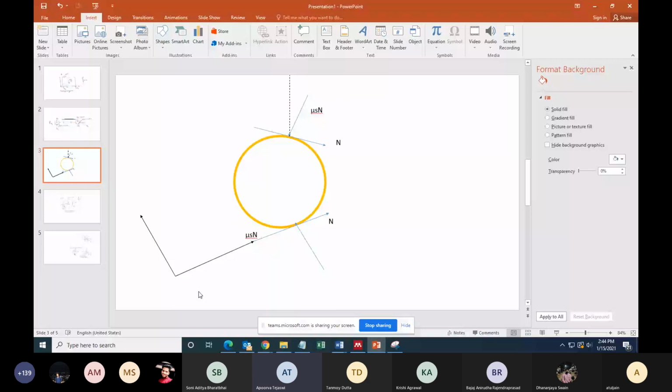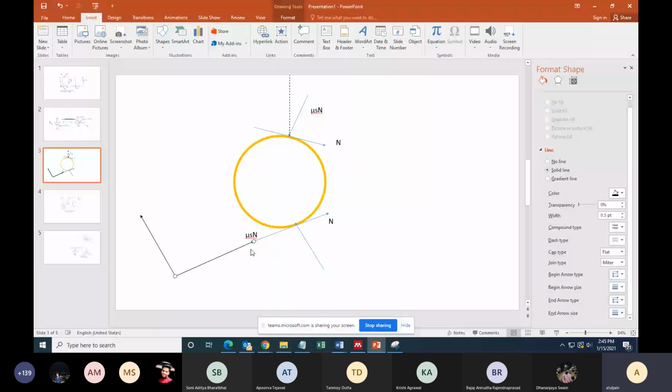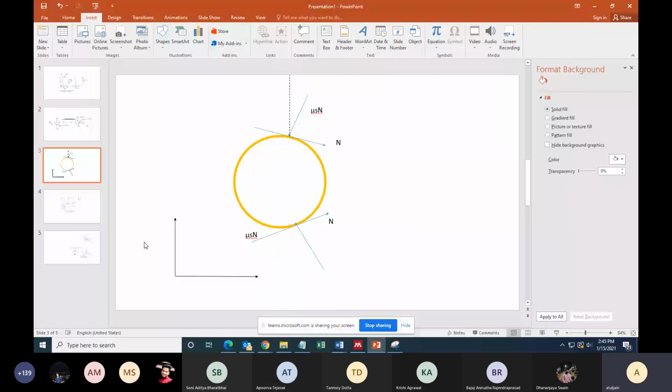Sir, I will send the picture in the chat. Please, we'll have a look. Normally, the choice of coordinate axis system will not change your answer. That is not possible. Okay, try to solve, otherwise let me know.